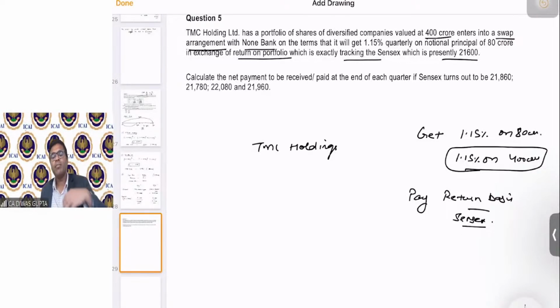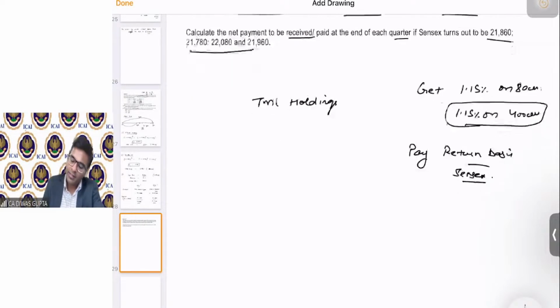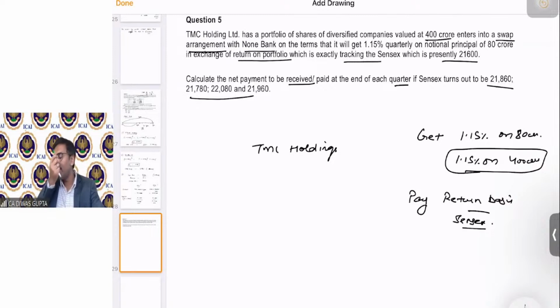So I will get 1.15 fixed on 400 crore, but I will have to pay whatever I am earning as a return. Calculate the net payment to be received or paid at the end of each quarter if the Sensex turns out to be these different values 1, 2, 3, 4. There are 4 different quarters that are given. Simple. So we have to just calculate the first receipts and payments and then calculate the net payoffs. It is very easy, students.